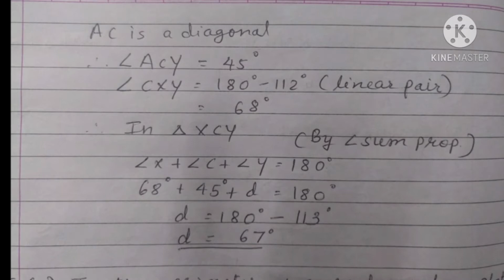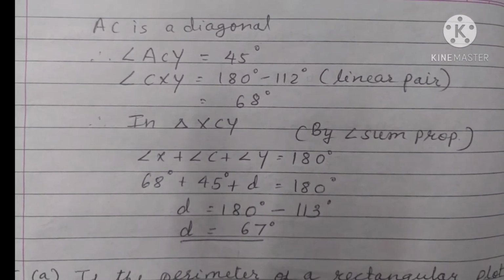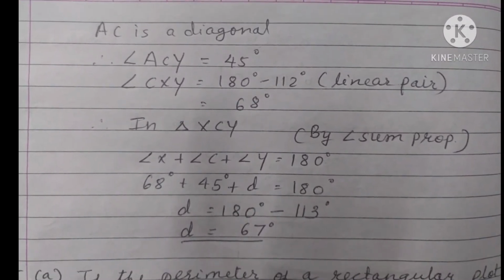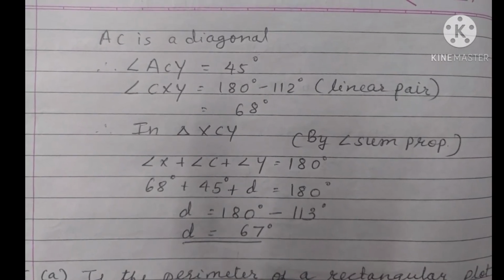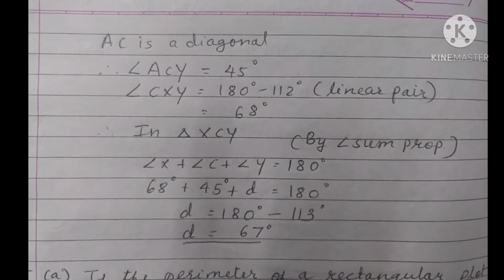AC is the diagonal, so it will divide our 90 degree angle. So angle ACY is equal to 45 degrees, and angle CXY by linear pair we can write 180 degrees minus 112 degrees. So the value of CXY is equal to 68 degrees.